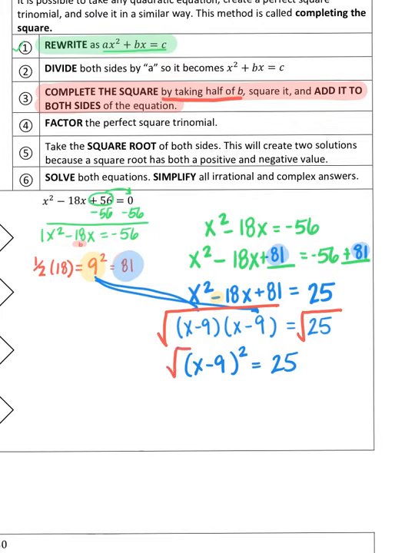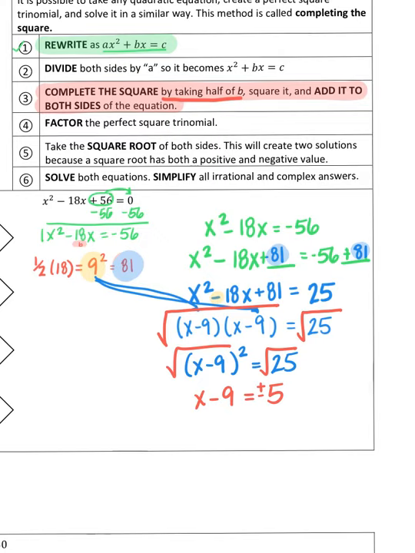And then we're taking the square root of both sides, which just leaves us with x minus 9 equals, the square root of 25 is 5. But we have to put our plus and minus there. So now we have x minus 9 equals plus or minus 5.